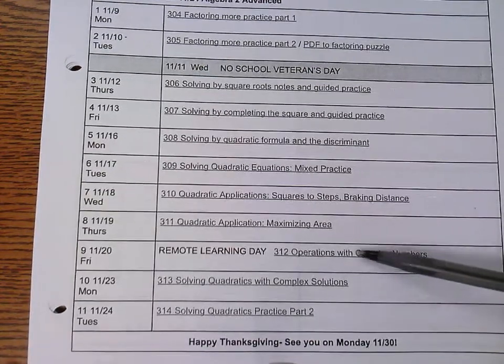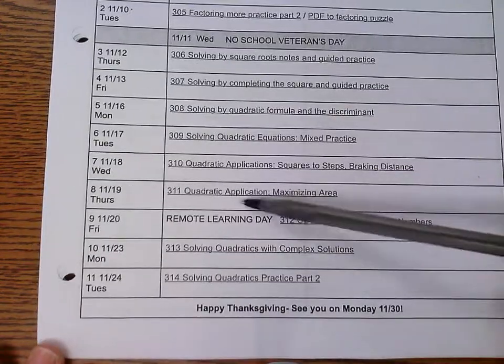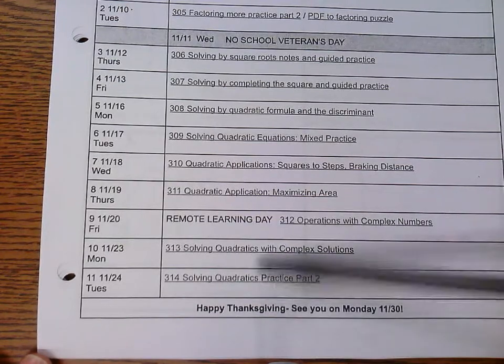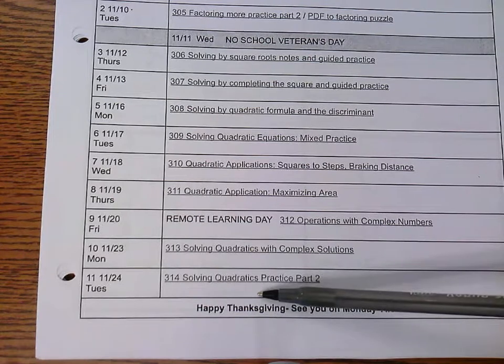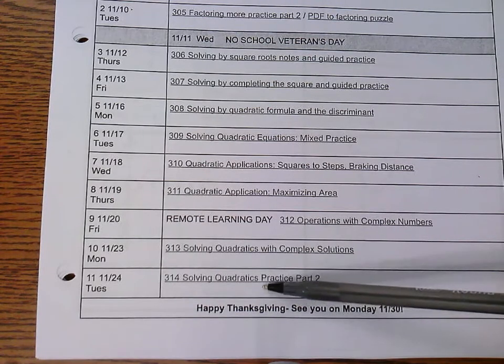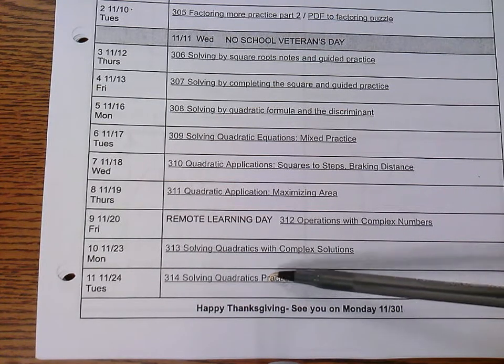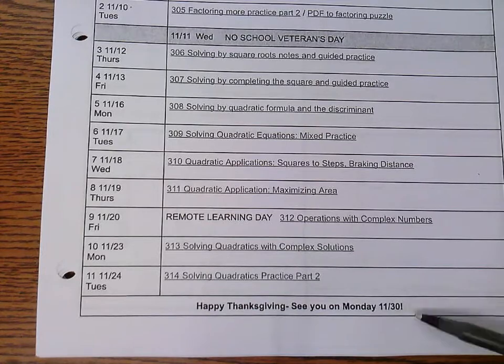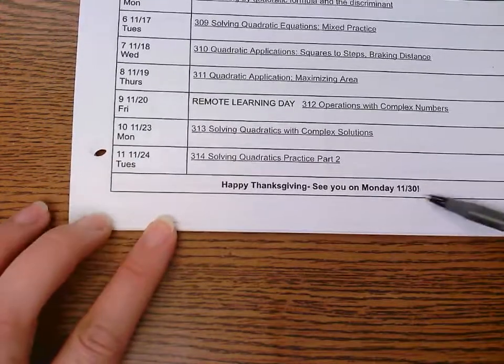I don't know what exactly the remote learning day entails yet. And then the 2 days, Monday, Tuesday down here are still virtual going into Thanksgiving week. So Monday and Tuesday of Thanksgiving week, you're still doing your virtual assignments, but at school. And then you have Wednesday, Thursday, Friday off. So I wrote down here, see you Monday the 30th.